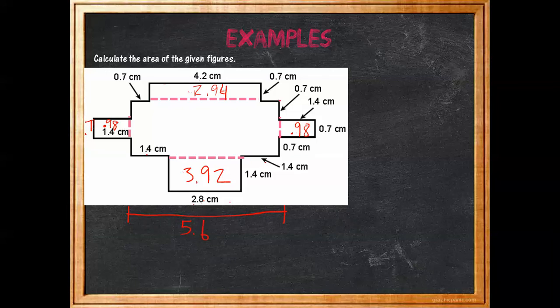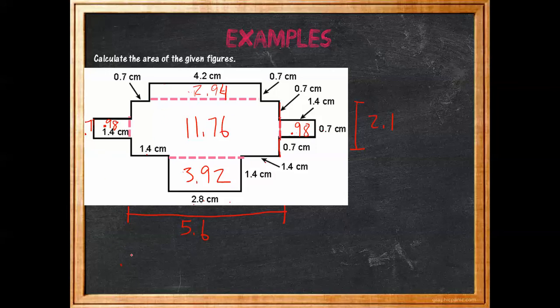Now to do this side, I know this is 0.7, this is 0.7, and this is 0.7. So 0.7 times 3, I know that this whole length is 2.1. So if I take 2.1 and multiply it by 5.6, I get that this big figure is 11.76.